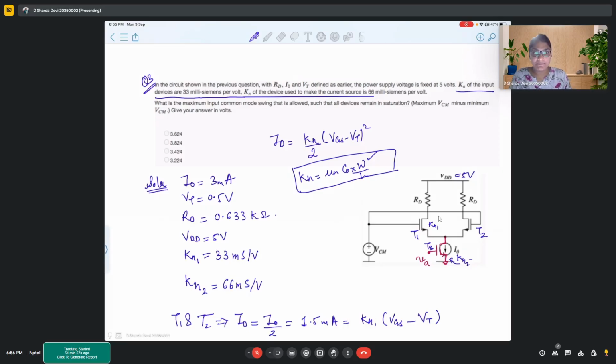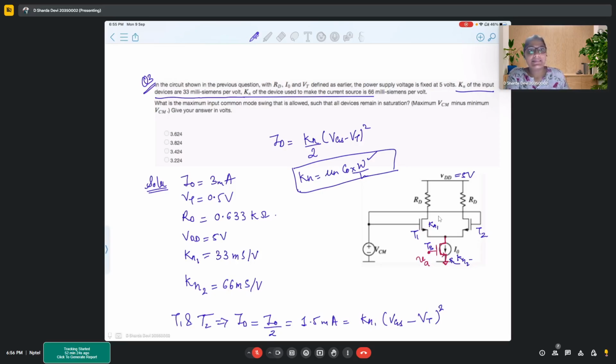In this problem, they gave the values of Kn1 as well as Kn2, so we don't bother about anything else. Rather than giving you the values of each and every constant like mu, Cox, W, L, they have given it in the form of Kns to make the calculations easy. Okay, understood, ma'am.